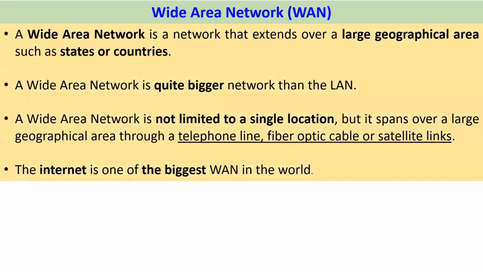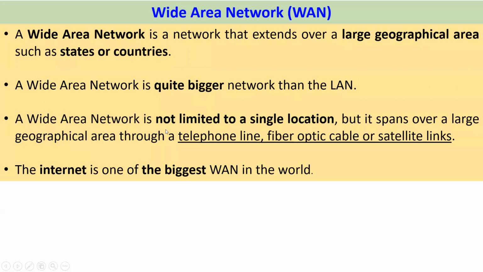Right, here it gives some features about the geographical area. When having a large geographical area, it covers states or countries. A wide area network is quite a bigger network than a LAN.